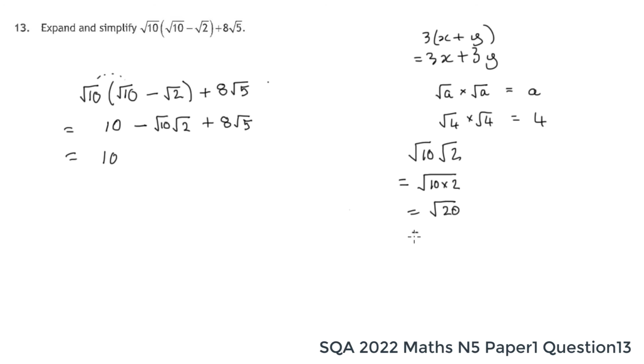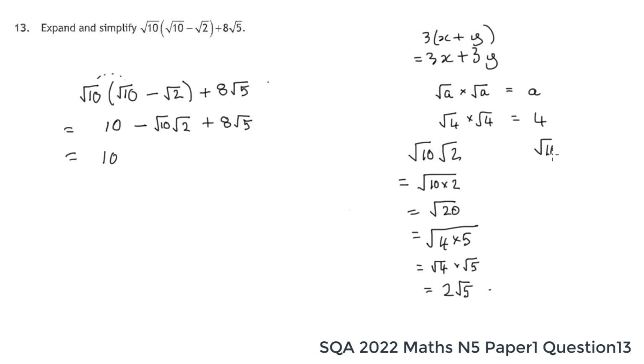Simplifying the square root of 20, we know 20 can be written as 4 times 5. I'm choosing to write it that way because I do know the square root of 4 is an exact number, a whole number. Square root of 4 is 2. So 2 times root 5, we write that as 2 root 5. So that would be one method of tackling this.